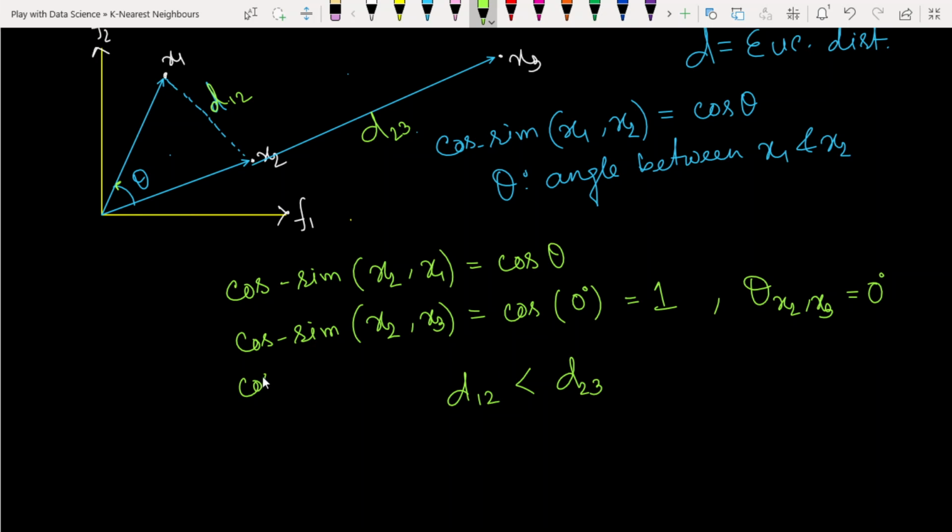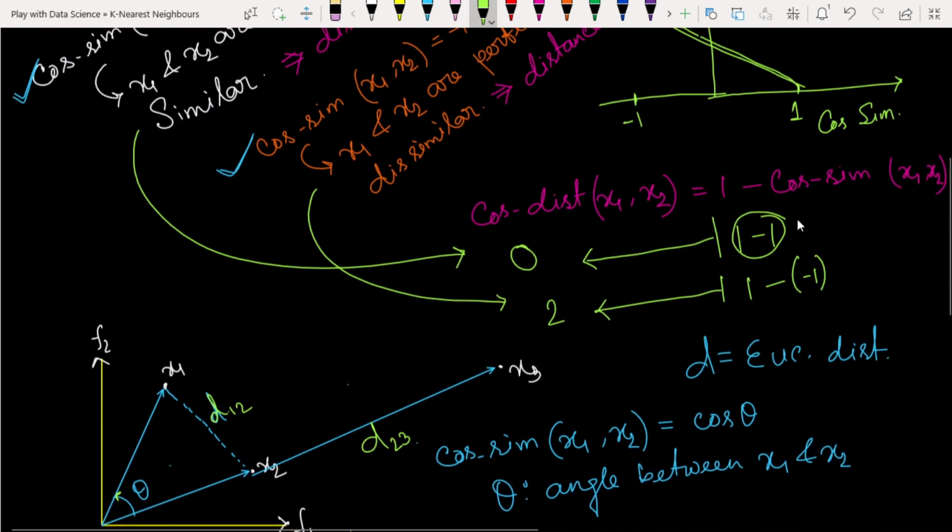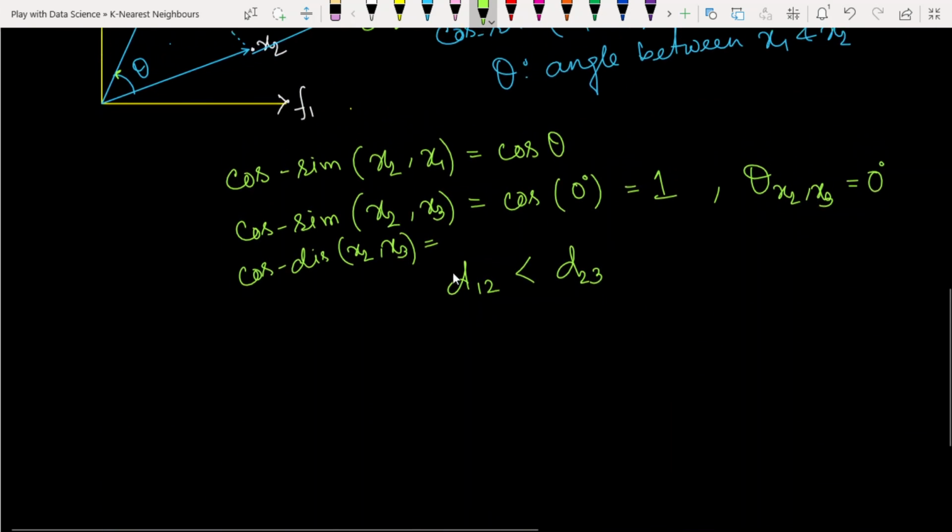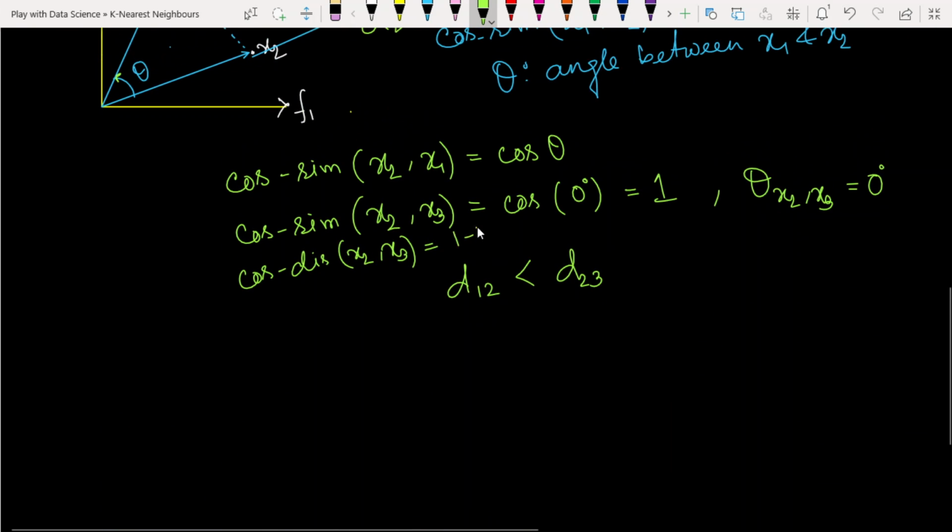So find the cosine distance first. Cosine distance of x2 and x3 will be 1 minus cosine similarity, here 1 minus 1 is equal to 0. But what will be the cosine distance in the other case?